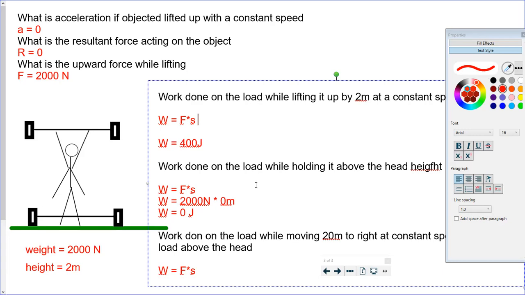Aisel has given 40,000 Newton. Fatma has given an answer of 0. Why, Fatma? Why are you getting 0? Because the force is 0. No, force is not 0. He's still holding the load above his head. So if he stops exerting the force, it will fall down.